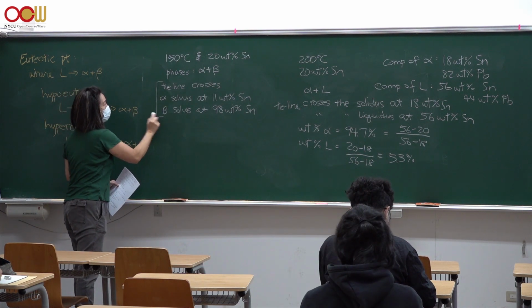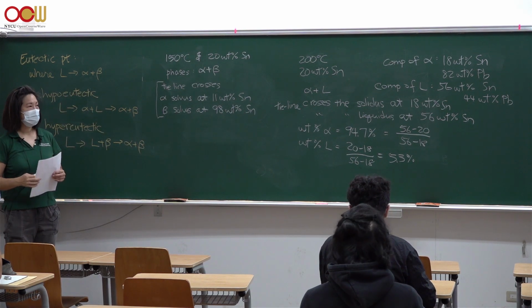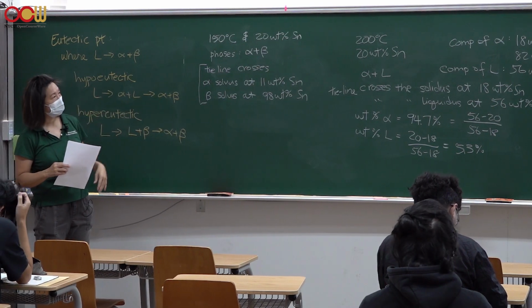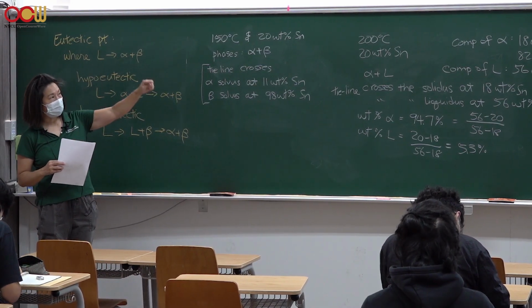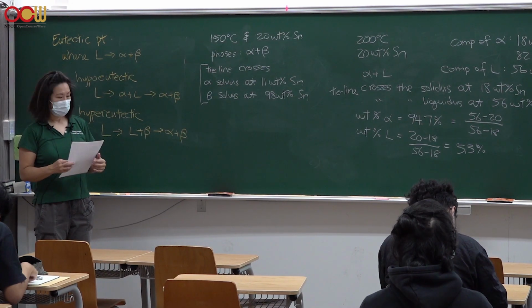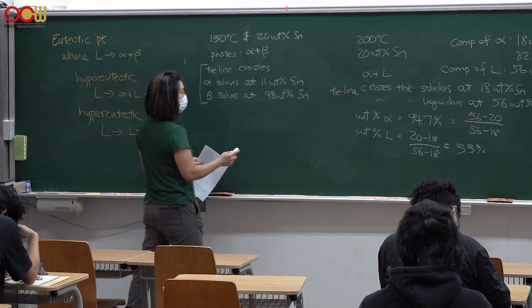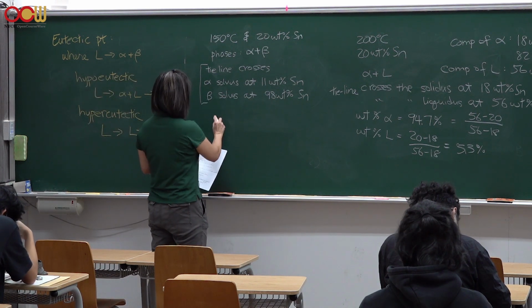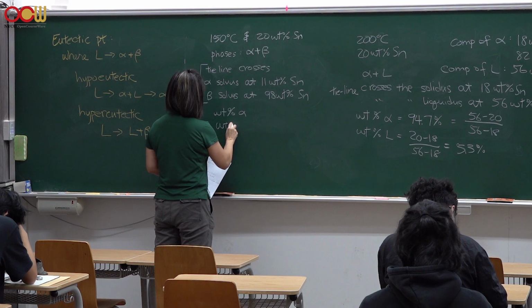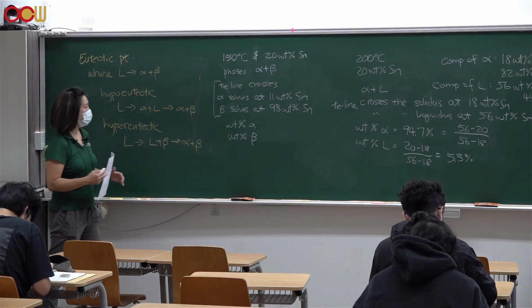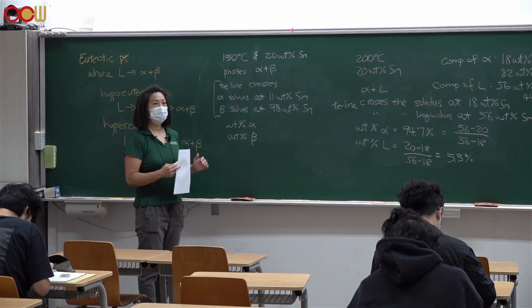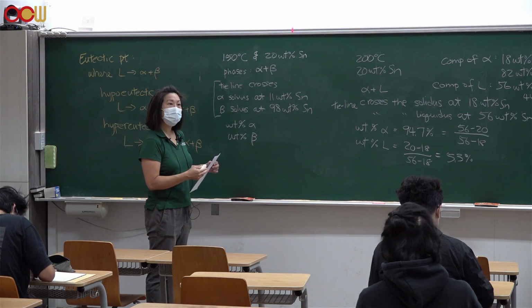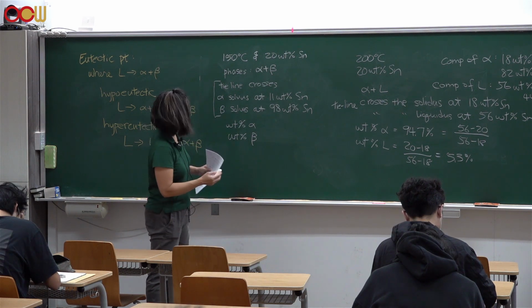This is what my tie line is crossing at the third red dot from the top. So calculate the weight percent of alpha and the weight percent of beta. Does anyone have an answer for alpha? What is it? 89.7% alpha.